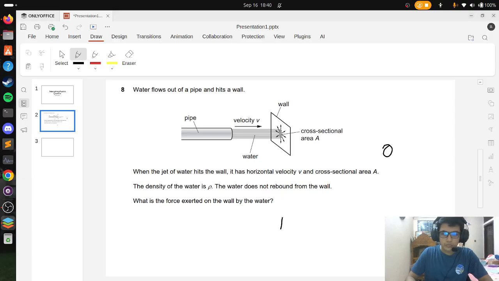So we need to determine the force. What do we know about force? We know that F equals ma. We don't have any acceleration here, so we can write it in terms of Newton's second law, as the change in momentum.